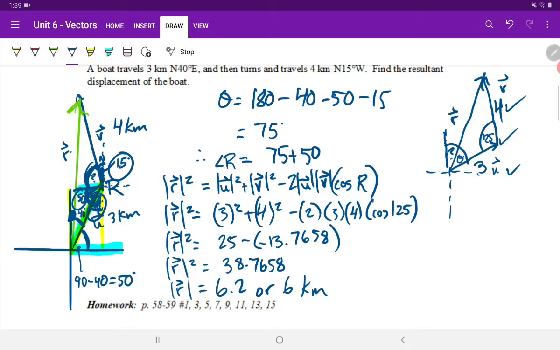Okay, so let's call this V, since my vector V is across from it.